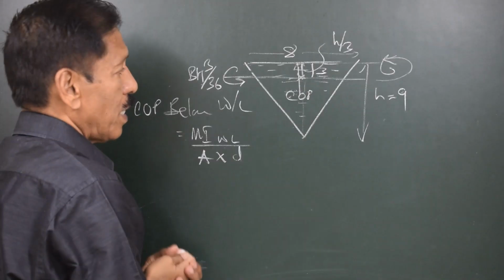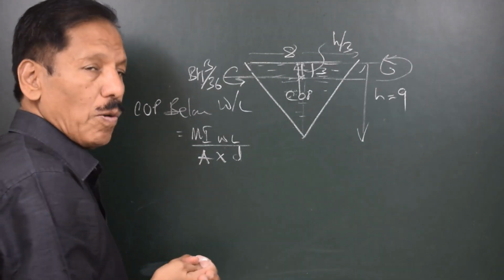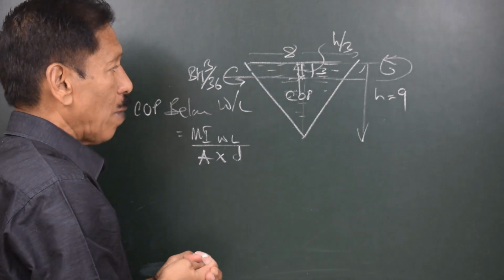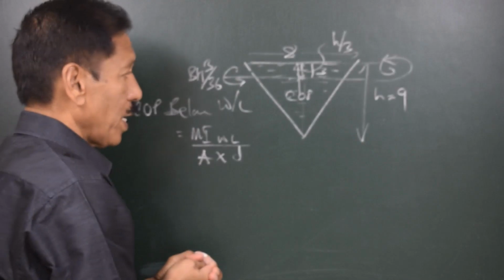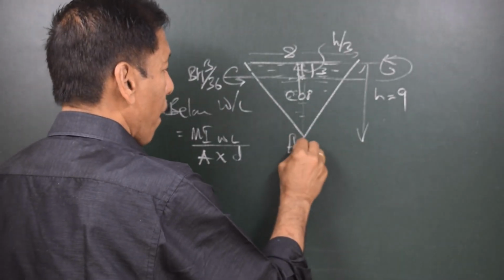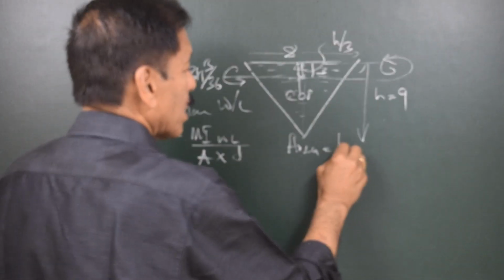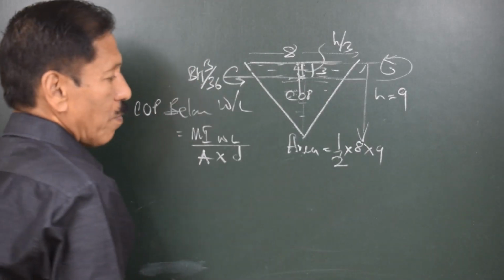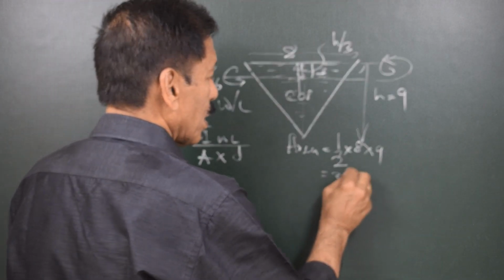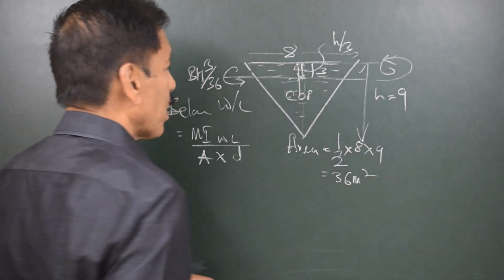So d that we use in the formula of theorem of parallel axis will be 3 meters. Area is base into height, 8 into 9 divided by 2, that is 36 meters square.